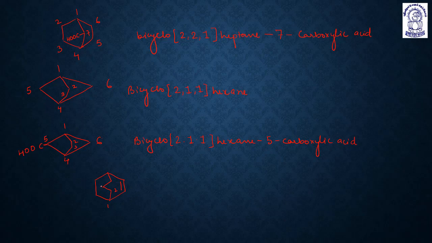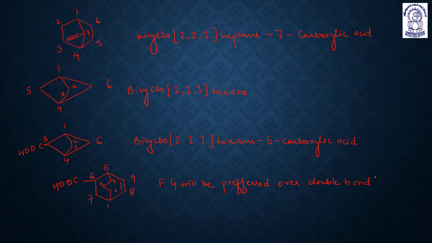So 1, 2, 3, 4, 5. Then 6. We will not go this side, we will go this side. 6 and 7. Because on the 6th carbon, suppose we are having COOH, 8, 9. Functional group will be preferred over double bond. Understood?